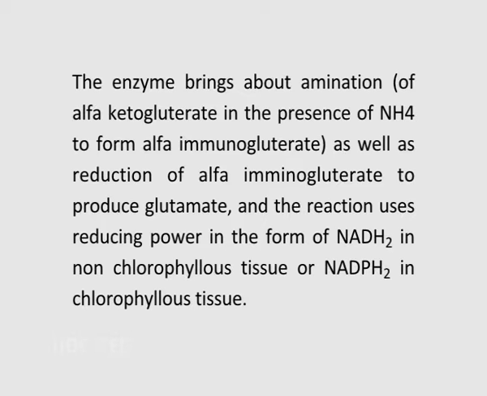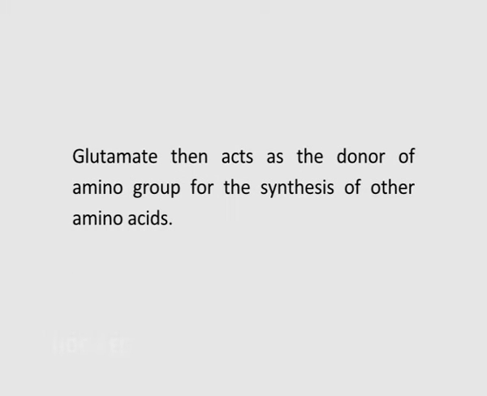And the reaction uses reducing power in the form of NADH2 in non-chlorophyllous tissue or NADPH2 in chlorophyllous tissue. Glutamate then acts as the donor of amino group for the synthesis of other amino acids.